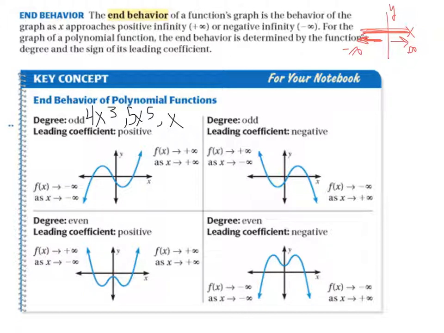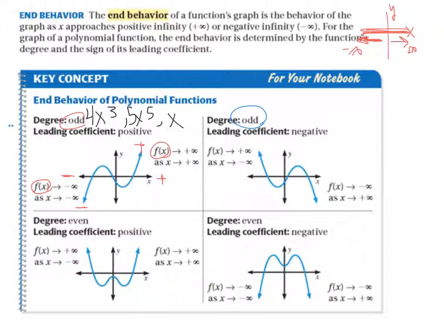So as x approaches positive infinity, our function, our curve is going up to positive infinity. As x approaches negative infinity, the curve or the function is going to negative infinity. So that's for an odd.